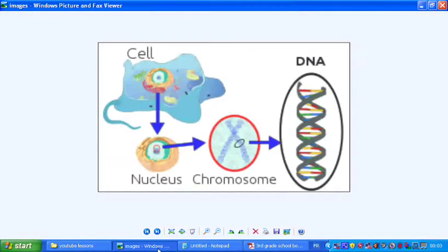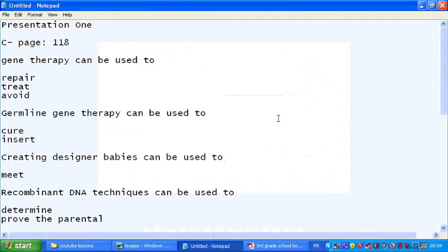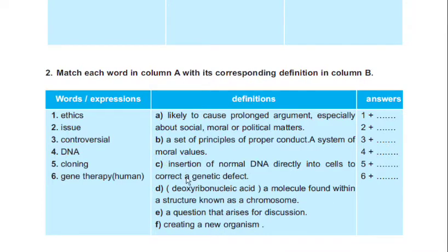That is the cell in which you find, inside the cell, the nucleus, and inside the nucleus you'll find the chromosome, inside which you're going to find the DNA, which is made of proteins. Going back to the book. So DNA is a molecule found within a structure known as the chromosome.